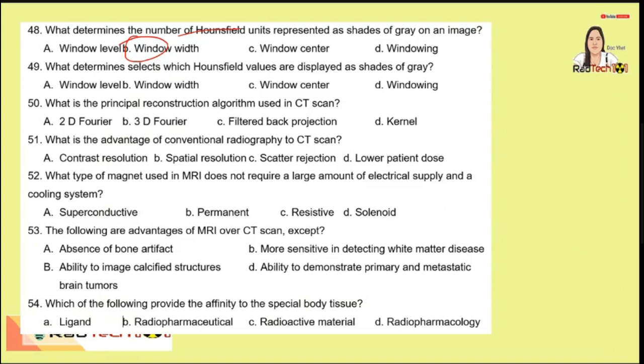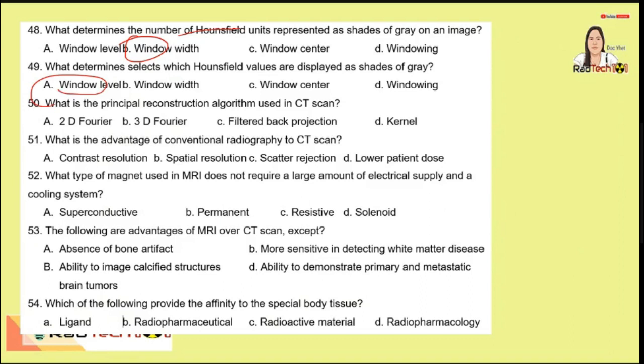49, what determines, basta mali yung question, mali yung construction ng question. Which Hounsfield values are displayed as shades of gray? So, which of the following determines the selection where the Hounsfield values are displayed as shades of gray? So, that is window level.